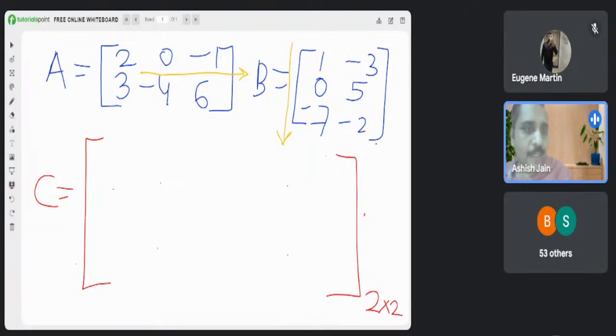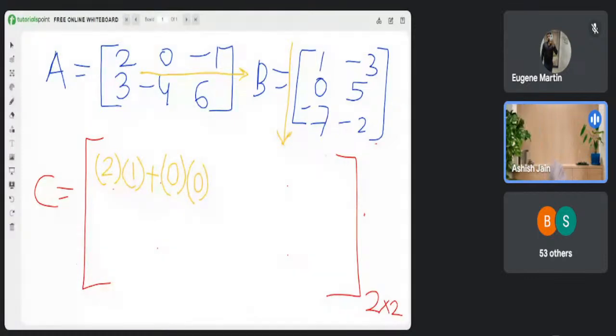That means 2 is multiplied by 1. First row first element of A is multiplied by first row first column element of B, plus first row second element of A is multiplied by second row first column element of B.